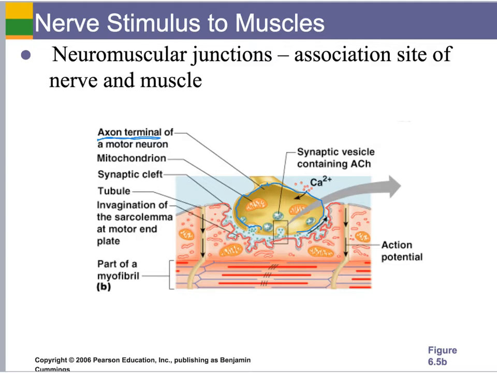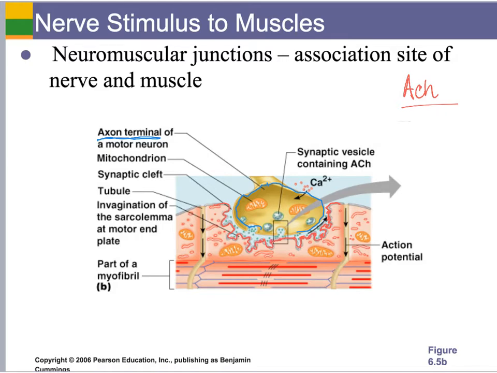The neurotransmitter in the muscular system is acetylcholine, or ACh, and we have all of these receptors at the motor end plate for it.